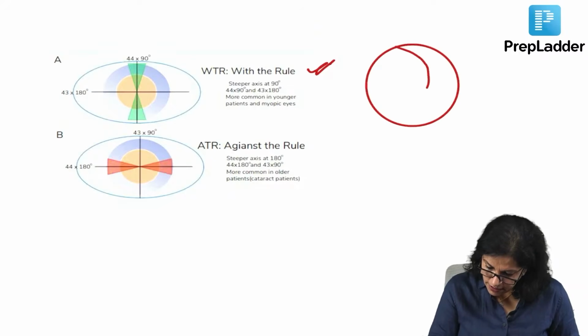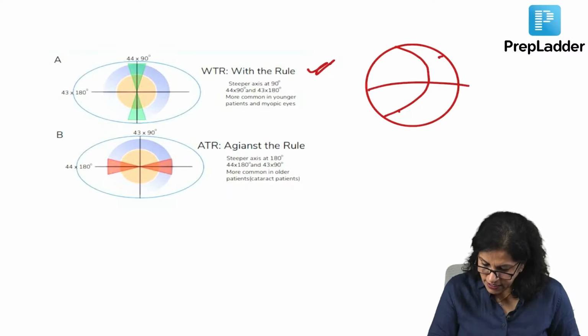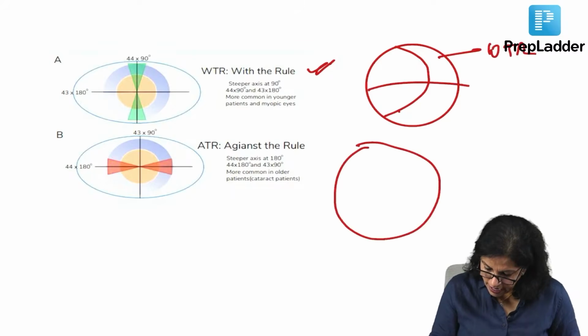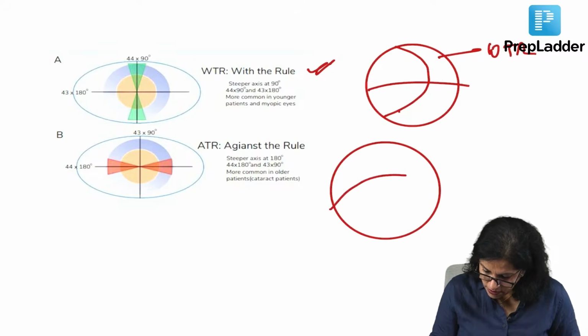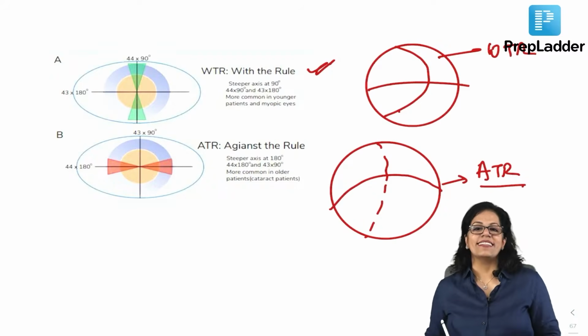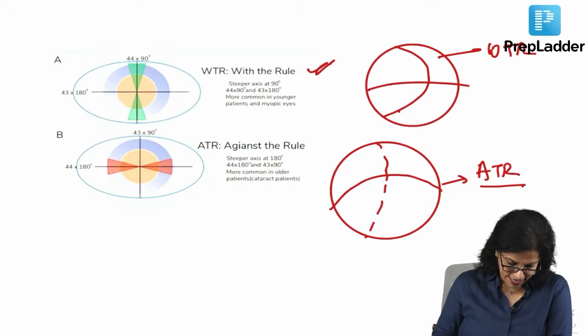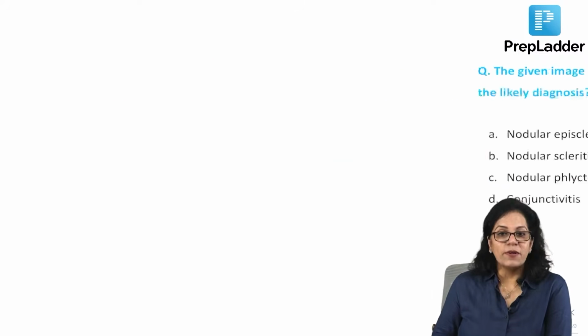And if horizontal is more than vertical, this is against the rule. Please be very clear about this. Right, great. So that was about this question.